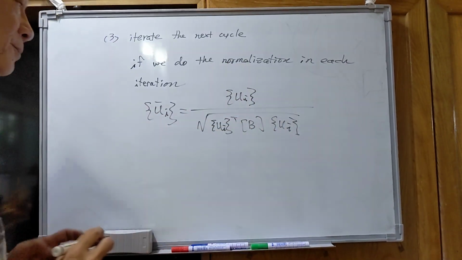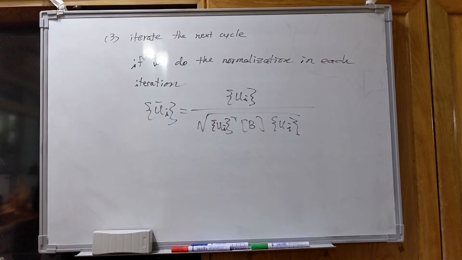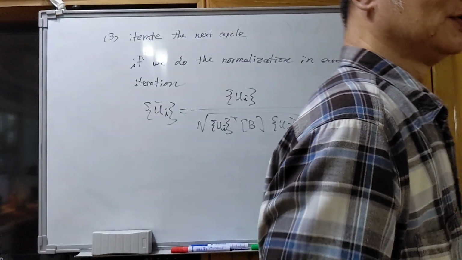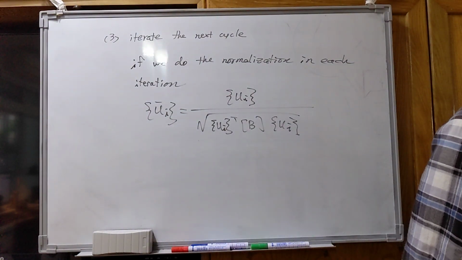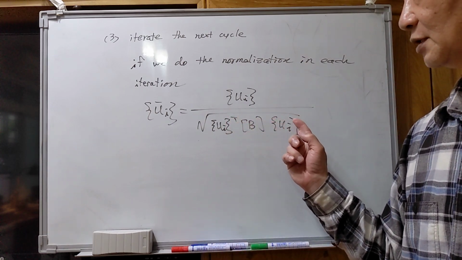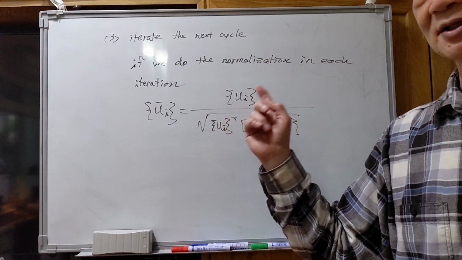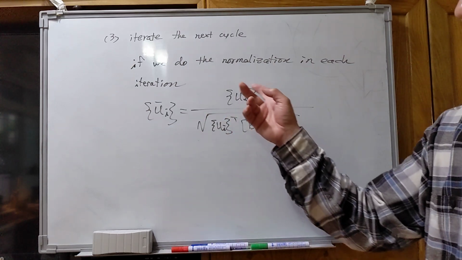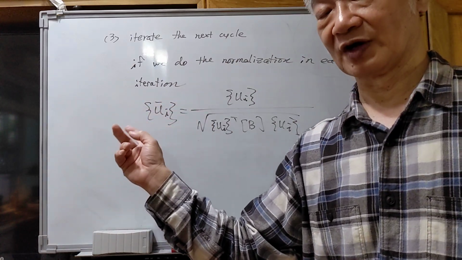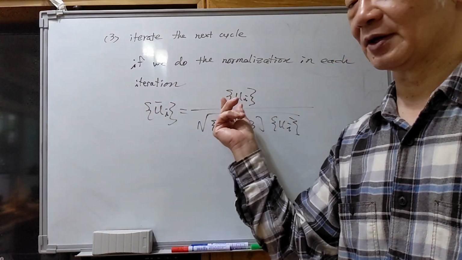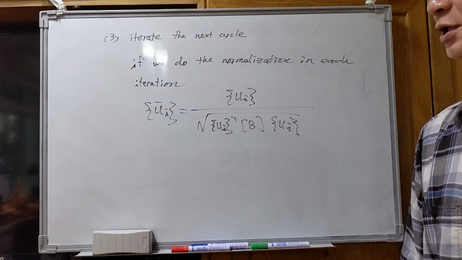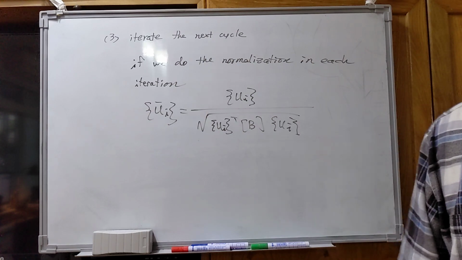In each iteration, if we divide the obtained UI vector by a scalar, the scalar is calculated from the UI transpose B UI and take a square root. If the UI vector is divided by this one, we get a new vector. The U bar vector is parallel to the UI vector, but we need to do the normalization for this one.